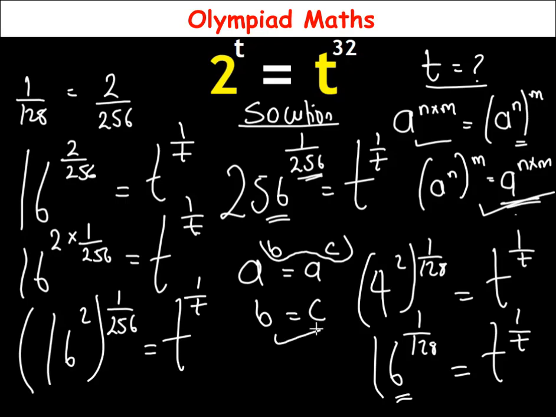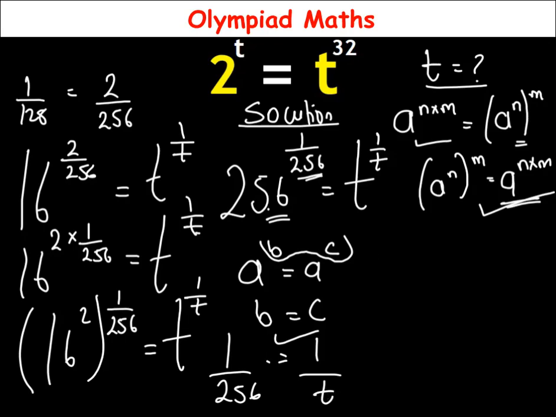So applying this principle, 1 over 256 is equal to 1 over t. With this, we can cross multiply, so that t times 1 is equal to t, which equals 1 times 256 is 256. And with this, we've gotten the value of t as 256.